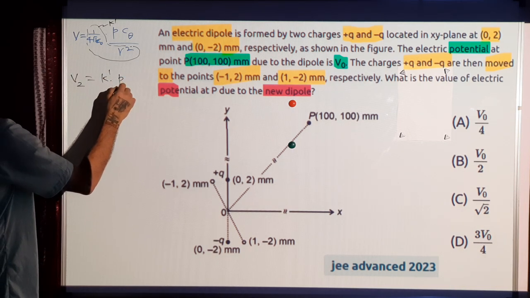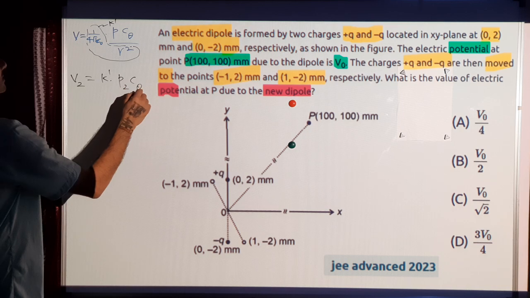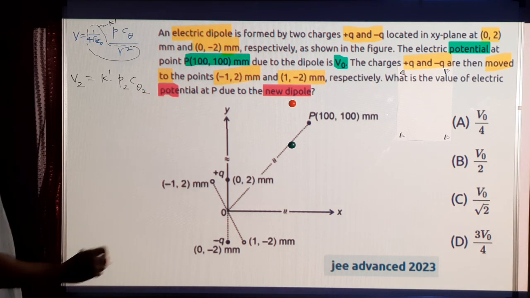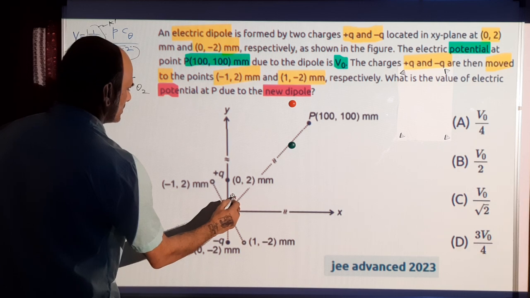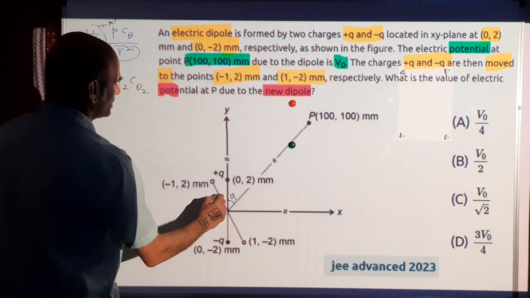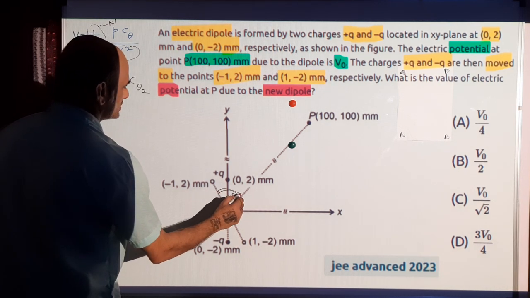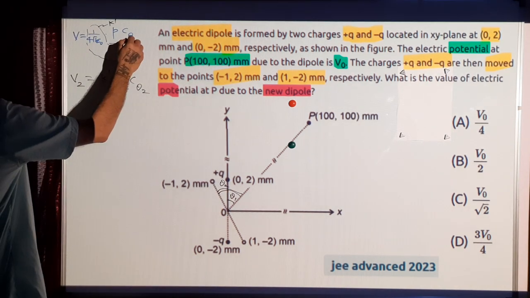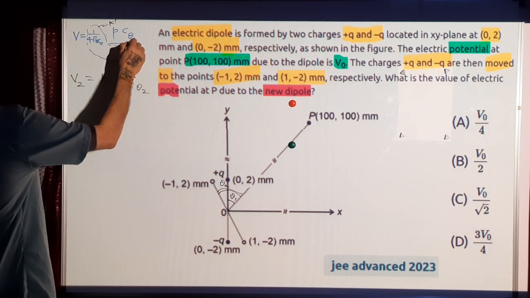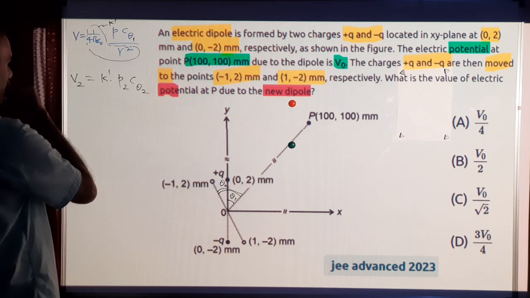This is the second dipole P2 and the second angle theta 2. In the first case, the dipole makes this angle theta 1. In the second case, the angle of the dipole with the position vector is this one, theta 2. So first case theta 1, second case theta 2.